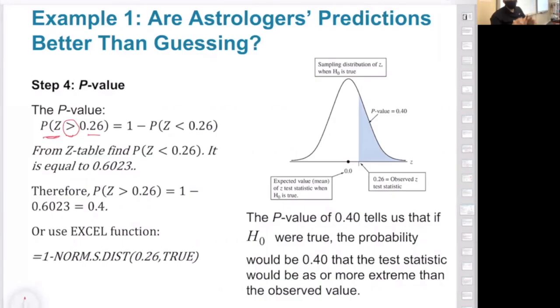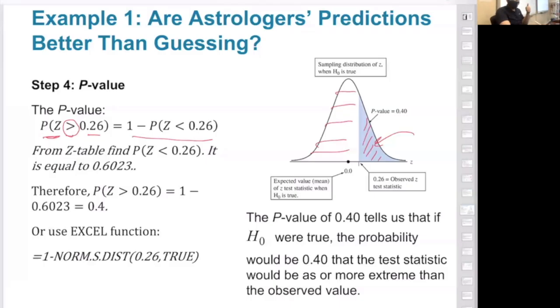The table always gives us the area to the left. So if you need to find the area to the right, like here, it will be 1 minus the area to the left of Z. Because we can know this area from the table, but we cannot know this area. So it's 1 minus the probability that Z is less than 0.26.